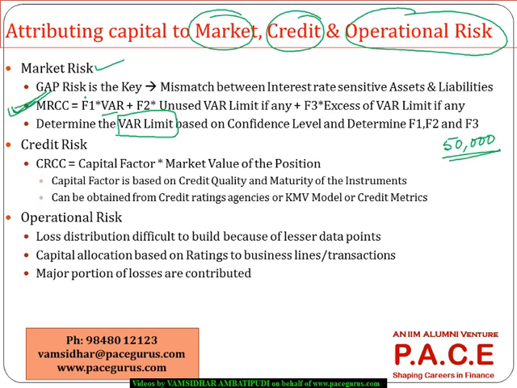It is compared with the VAR that the organization or that particular business unit has got into. So let's say the VAR limit is 50,000 and in a particular period the actual VAR was 40,000.